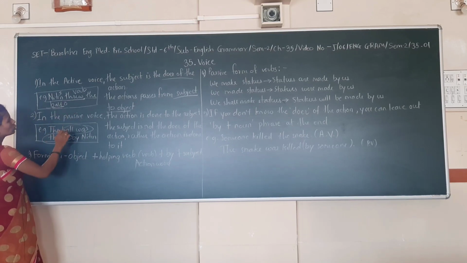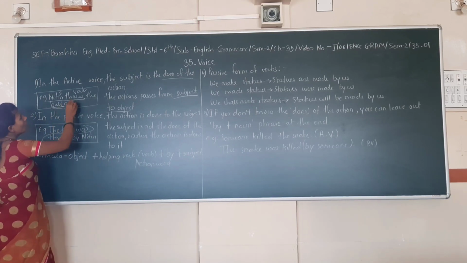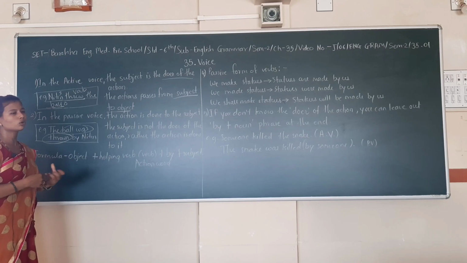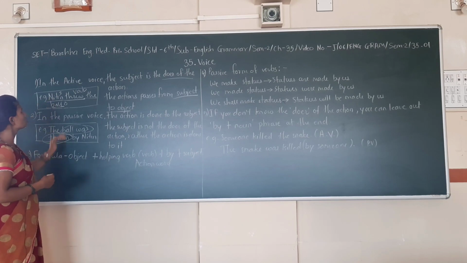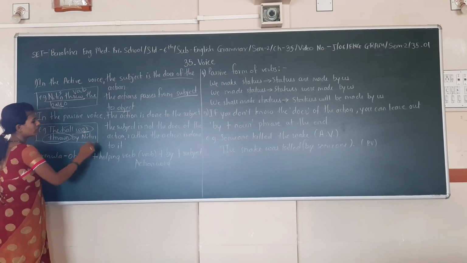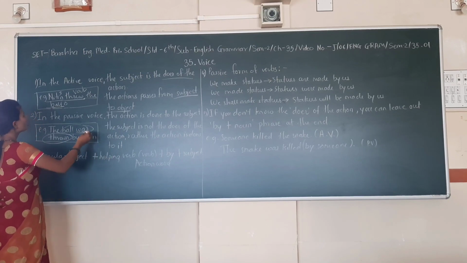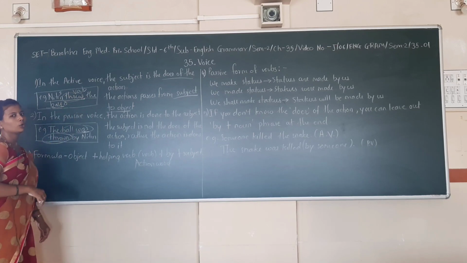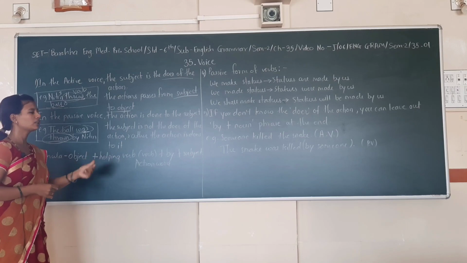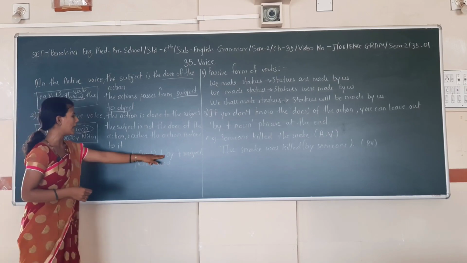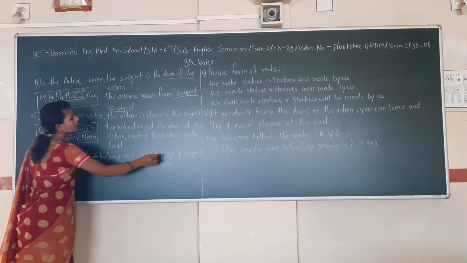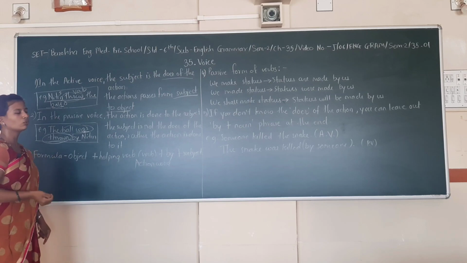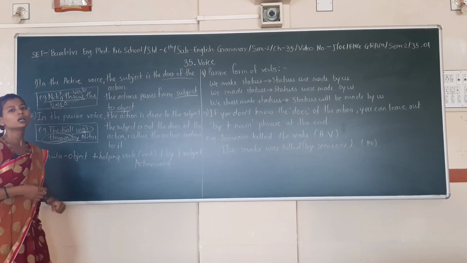In this sentence there is no helping verb, so you can find it by identifying the tense of the sentence. This is in the past tense, so you have to use was as the helping verb here. Then your verb. What is your verb? Threw. Threw will become thrown. You have to use the past participle of the action word. And then by, and then the subject. The subject is Nitin. So your whole passive voice will be: The ball was thrown by Nitin.